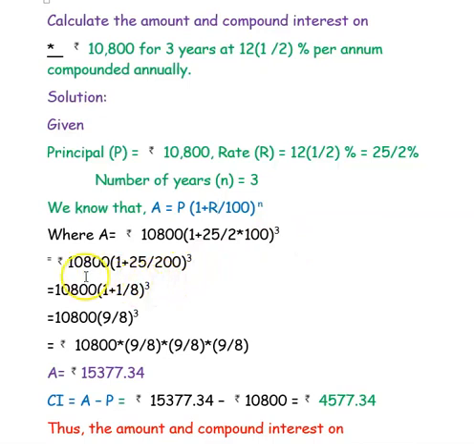After simplifying we will get 10,800 into (1 plus 25 divided by 200) to the whole cube. Next step, 1 plus 25 by 200 simplifies to 1 divided by 8, so 1 into 8 is 8, 8 plus 1 is 9, so it will be 9 by 8 the whole cube.